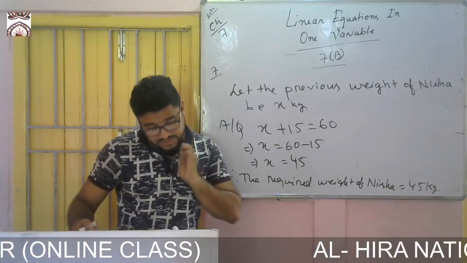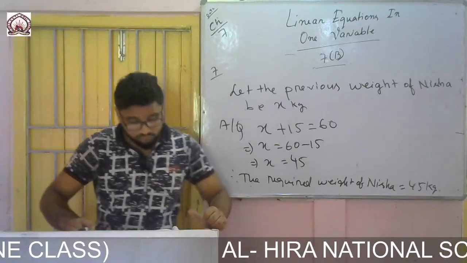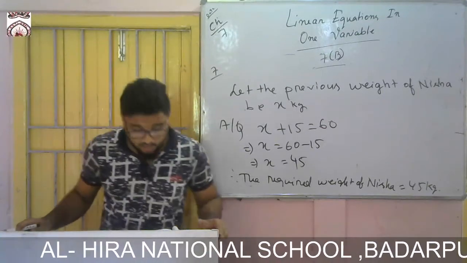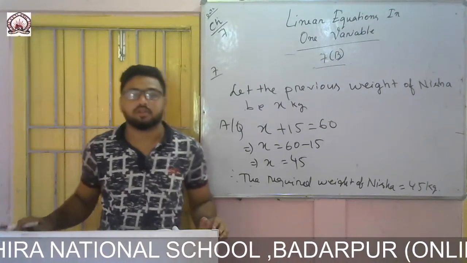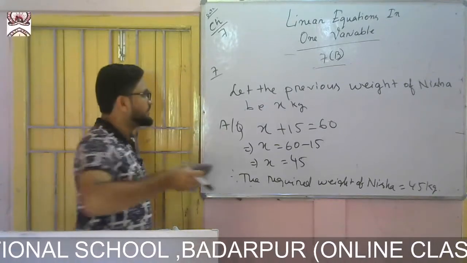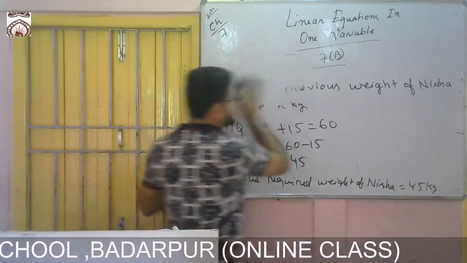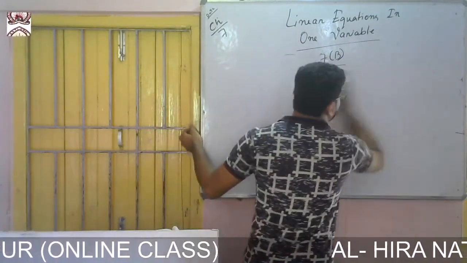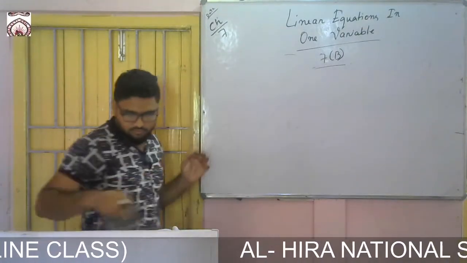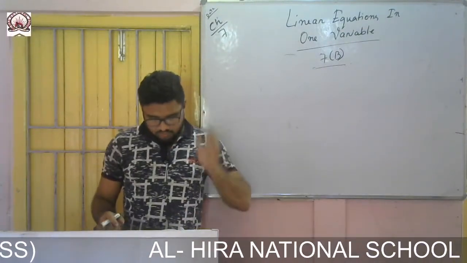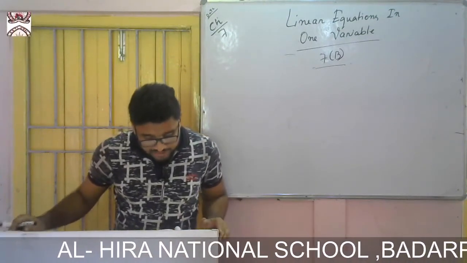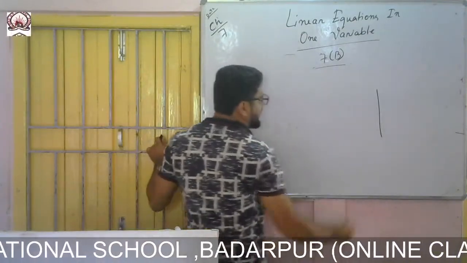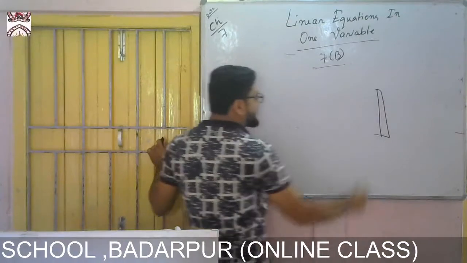Now come to question number 8. A pole x meters long is broken into two parts. One part is 5 meters long. What is the length of the other part? Suppose this is a pole, and it is x meters long.